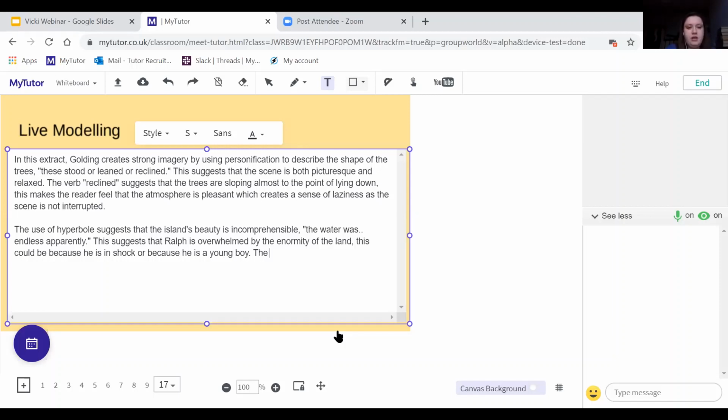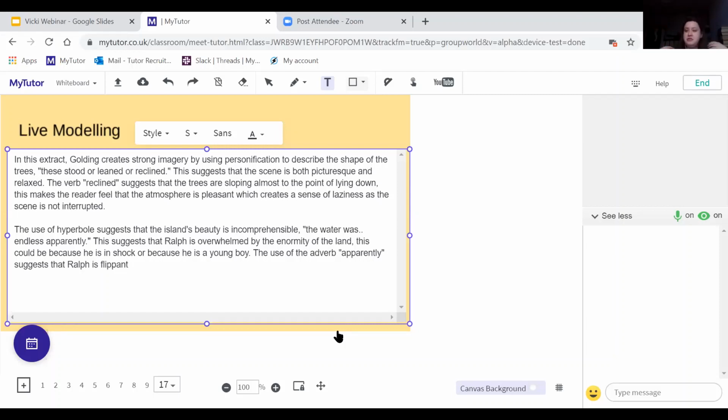Right, the use of the adverb. So I'm now taking a step further. Apparently. So this is my deeper analysis. I'm labelling the use of the adverb suggests that Ralph is flippant.